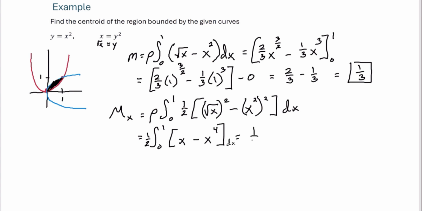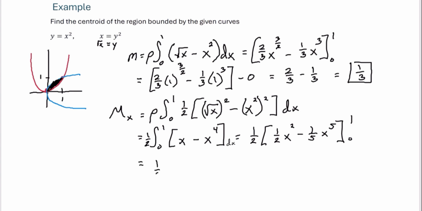Here we get 1/2 times 1/2 x squared minus 1/5 x to the 5th. And we want to evaluate from 0 to 1.